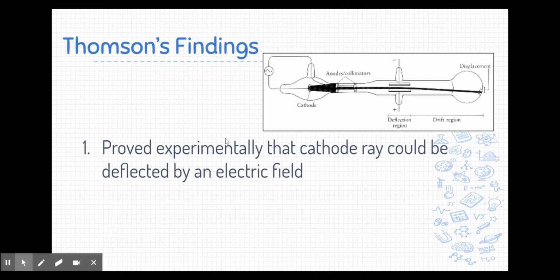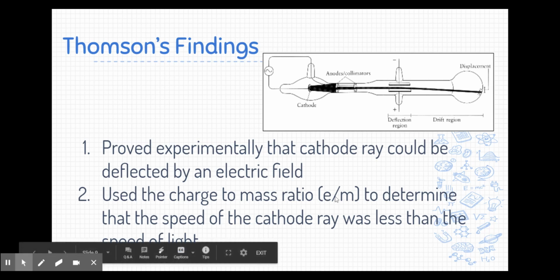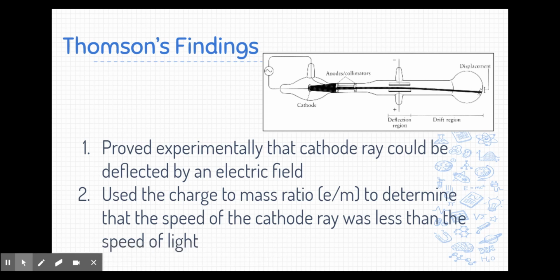Now, the next thing that Thomson did was he used something called the charge to mass ratio, which we will see written as e over m. This will come up later on in the unit, but the charge to mass ratio was used by scientists because at this point, they didn't know what the mass of a single atom was. They didn't have the technology to weigh a single atom.